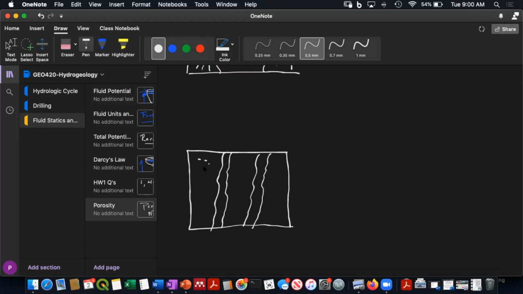So this is intact rock. And these are fractures.